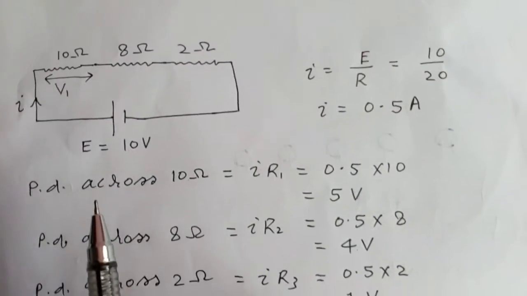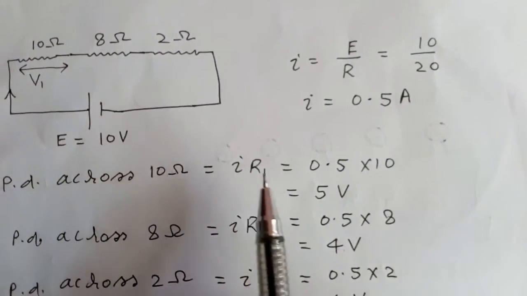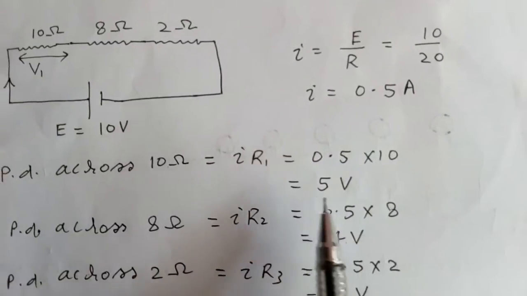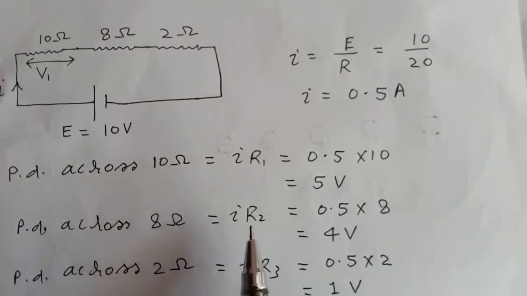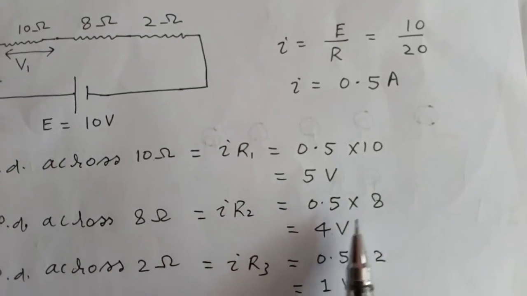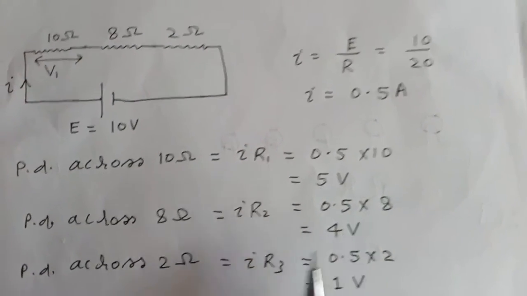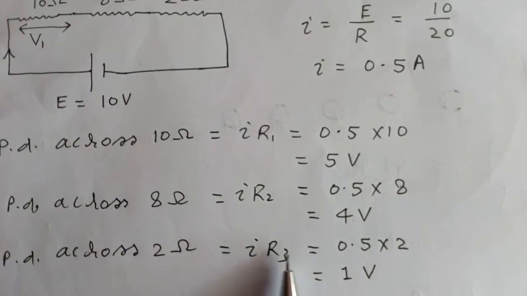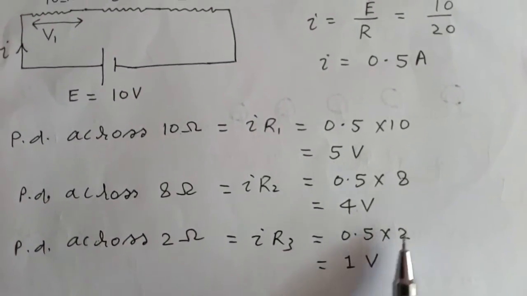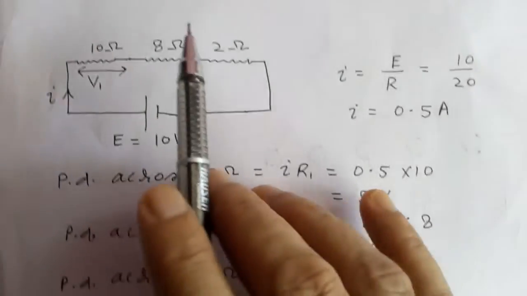Now potential difference across 10 ohm is IR1, this is 0.5 into 10, which is 5 volt. Potential difference across 8 ohm is IR2, this is equal to 0.5 into 8, which is equal to 4 volt, and potential difference across 2 ohm is equal to IR3, this is equal to 0.5 into 2 is equal to 1 volt.